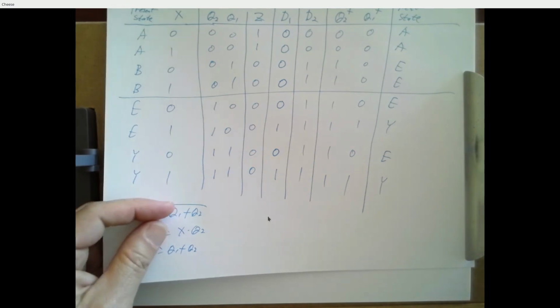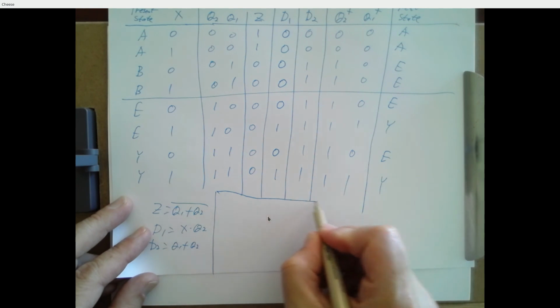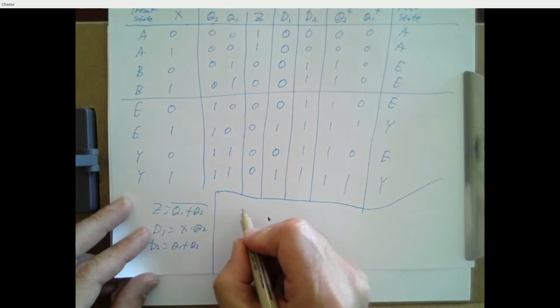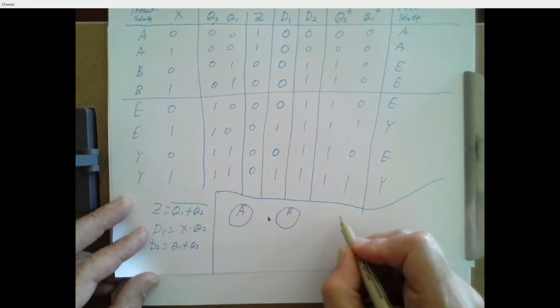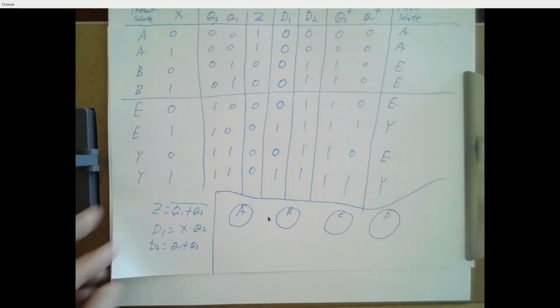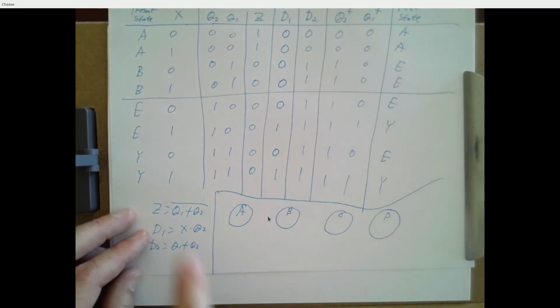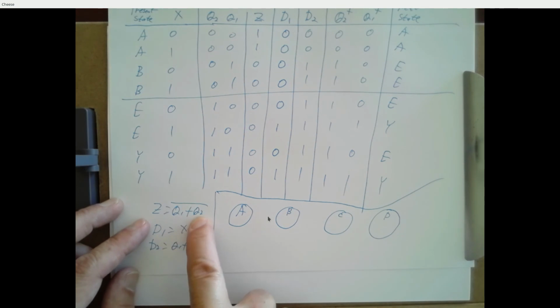So I didn't leave a lot of space. Let me see if we can squeeze it in down here. And if we look at our equations for our output, it only depends on the current state, Q1 and Q2.